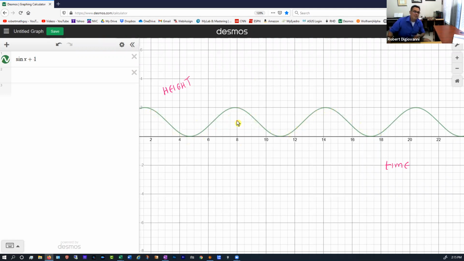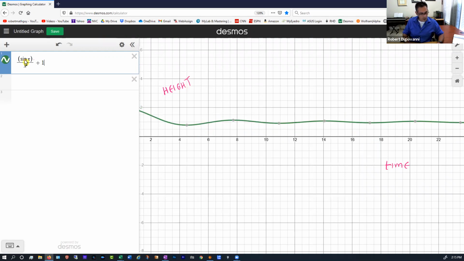Then the sine curve is pretty reasonable in terms of showing what the ball's doing, except that in the real world, the ball actually doesn't come all the way back up. It gets less and less till it finally stops moving, right? So maybe we can come up with a function that would do that. Well, all I have to do is take this sine x right here and divide it by x.